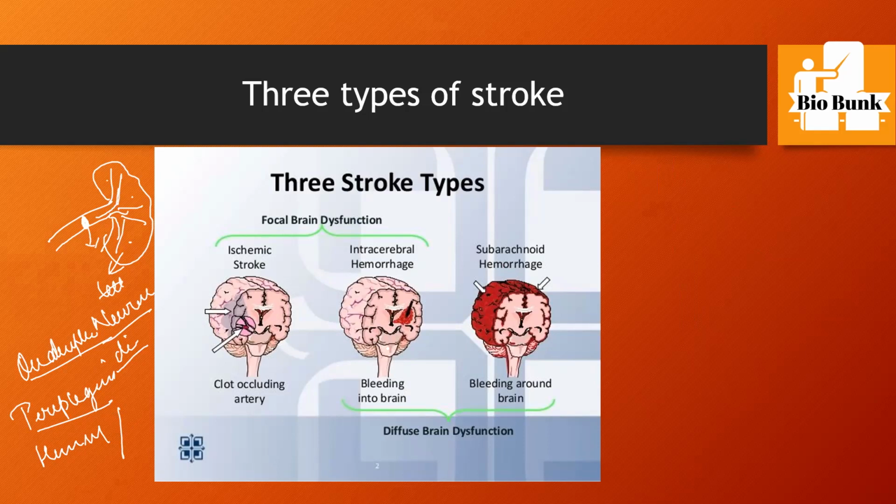And intracranial hemorrhage is when blood is flowing to the particular area inside the brain itself, not to the outer world. Subarachnoid hemorrhage is when blood flows outside, the outer part. When it is the inner part, it is intracerebral hemorrhage. Subarachnoid is when it is bleeding around the brain, in the arachnoid membrane, the meninges of the brain.